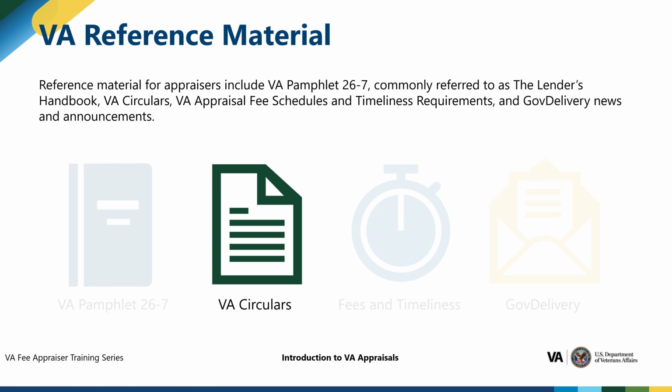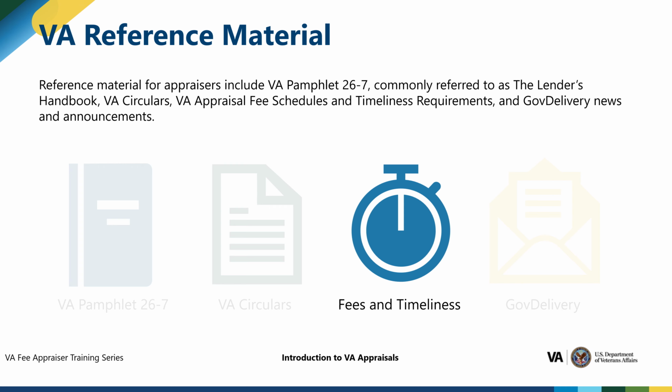VA circulars communicate announcements, clarifications, emphasis, updates, or changes regarding VA home loan guidelines. VA's allowable appraisal fees and timeliness requirements establish the allowable appraisal fees and the number of days allowed for completion.